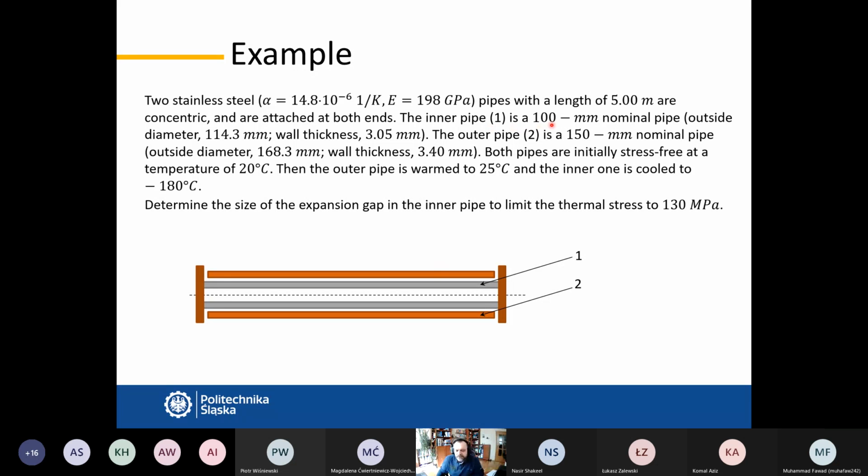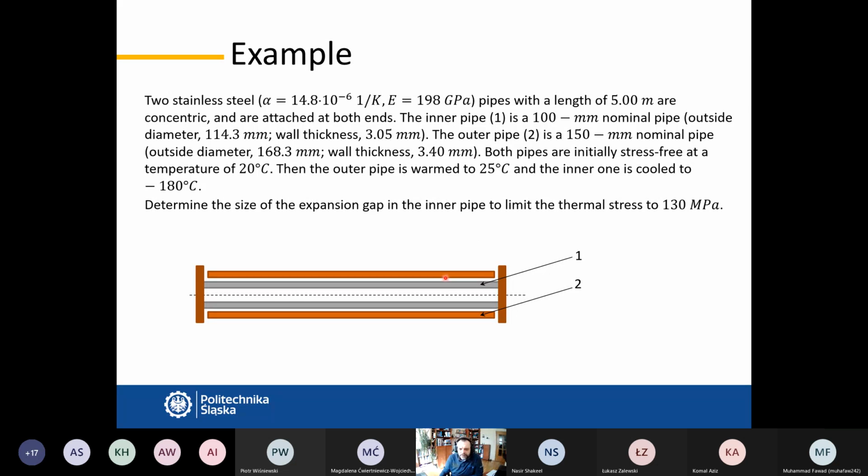The inner pipe is a 100 millimeter nominal pipe. So we have its exact dimensions. The external diameter is 114.3 and the wall thickness is 3.05.